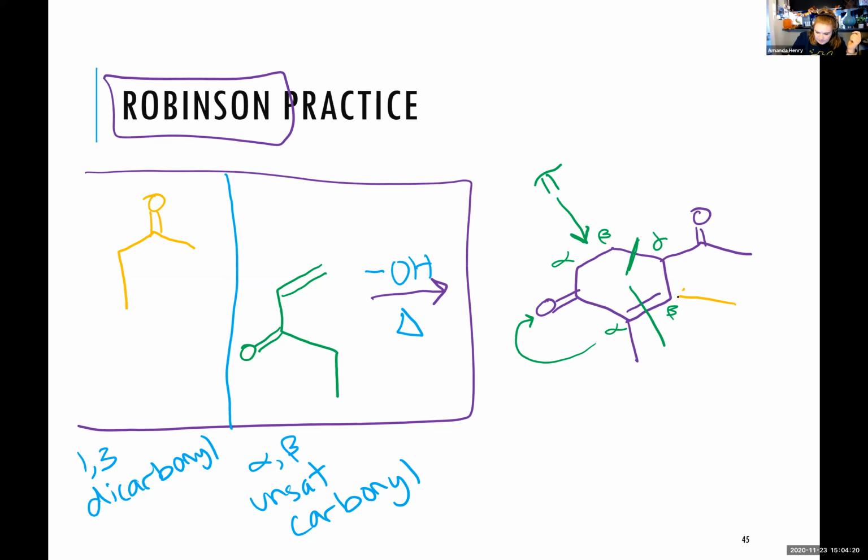Wherever we broke off that pi bond, that needs to be the second carbonyl. I'm hesitating because I drew my angles a little bit different here. I'm going to put a hydrogen here because it is an aldehyde, and generally we include that hydrogen with an aldehyde. But that's where our carbonyl would go.